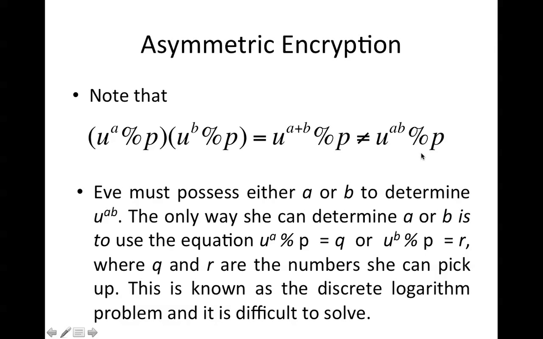So either A or B must be something that Eve, the intruder in this case, must possess before she would know what the shared key of the two parties in this case is. And that is, as I said already, the discrete logarithm problem, and it's known to be hard to solve.